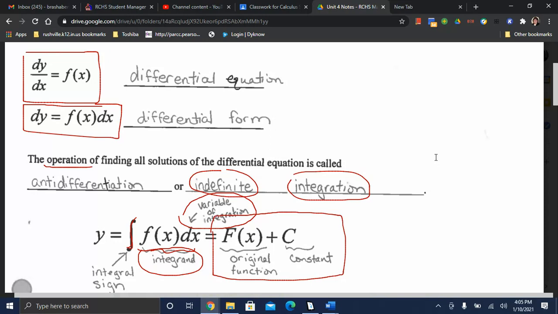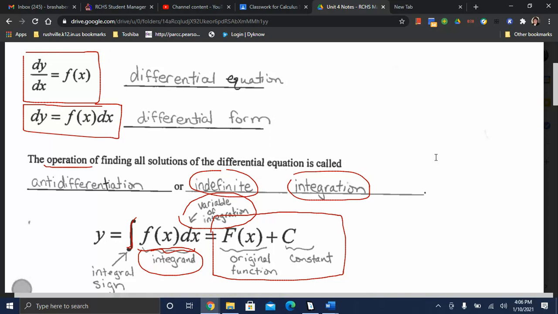So maybe that will let you start to see why it's called indefinite, because you'll find out that when you perform integration, you end up with a family of answers that are all related by that original function, and they just slide up and down the y-axis.